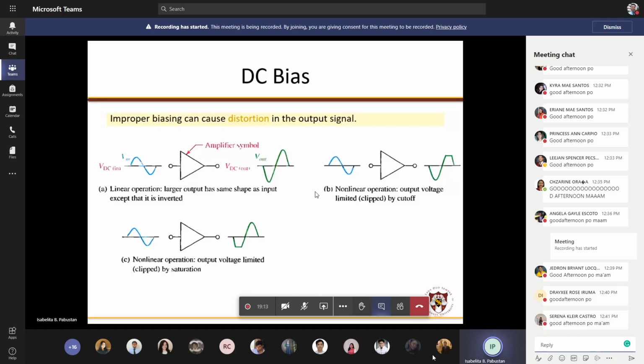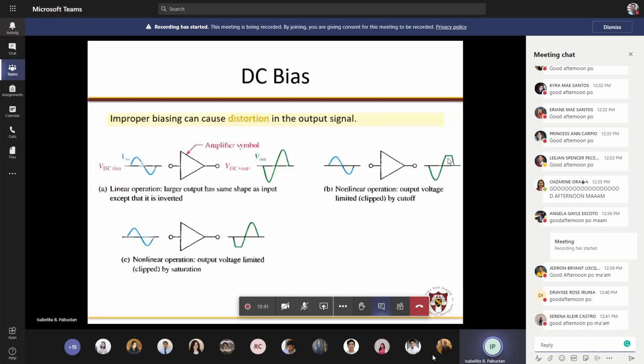So itong ganitong operation, you call this as linear operation, kasi sabi nga dito, improper biasing can cause a distortion in the output signal. Letter B naman is the nonlinear. Letter B and letter C, both of them are exhibiting nonlinear operation of your transistor as an amplifier, and you will see here that the output voltage is limited.